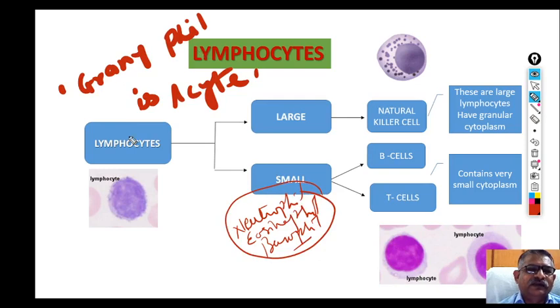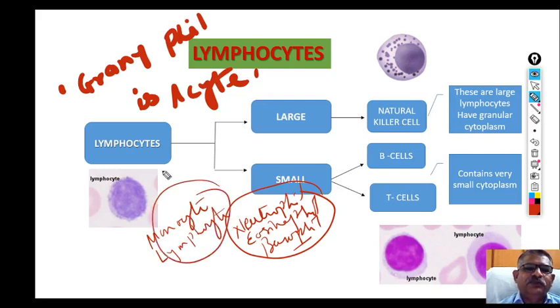And "a site" means agranulocytes end with "cyte": monocyte and lymphocyte. So you can keep this in mind. Granny fill a site covers all these WBCs.